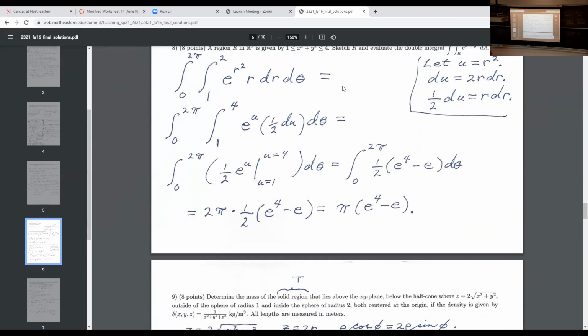Okay. Desperately trying to cover up the answer, but this was, I think, the 2016 final exam. Maybe it's possible that none of you even knew what integrals were at that time.